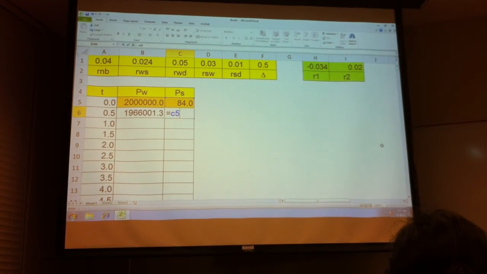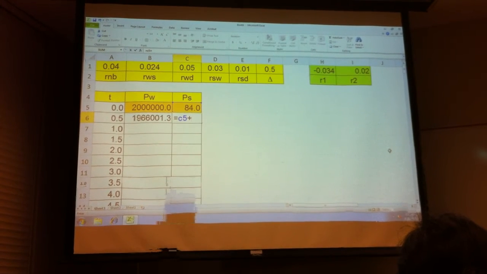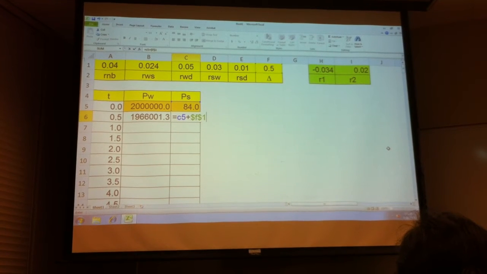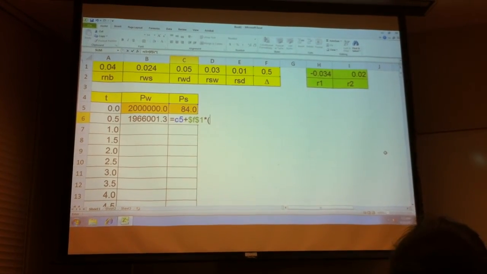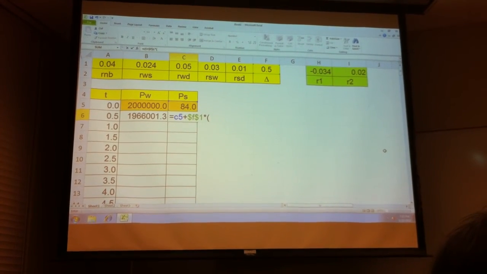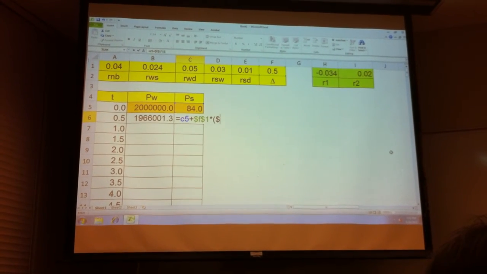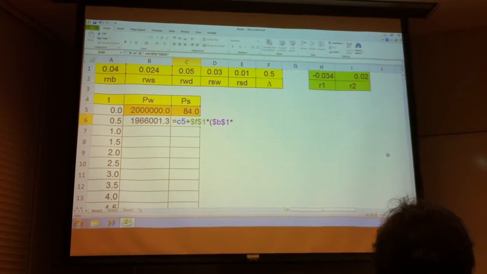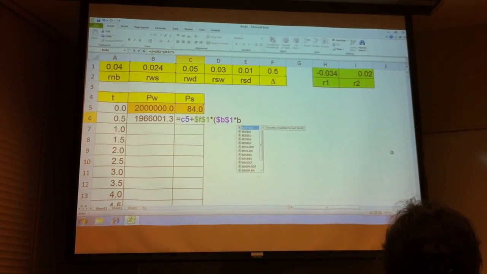That's C5 plus the delta, plus delta dollar F dollar 1 times what? RWS. That's dollar sign B, dollar sign 1 times previous, that's going to be B5.